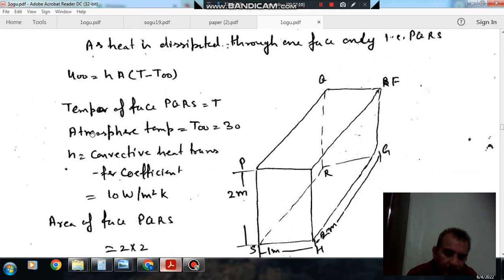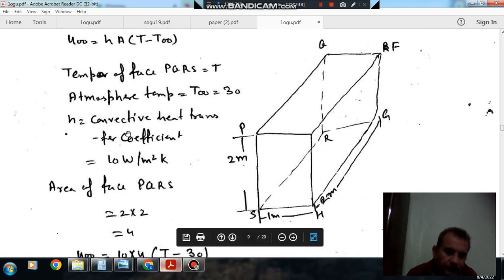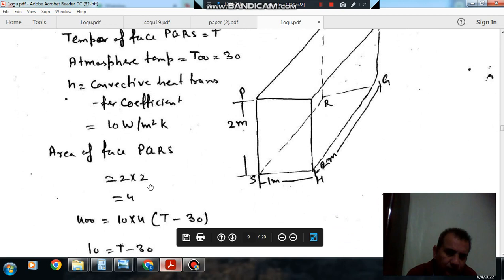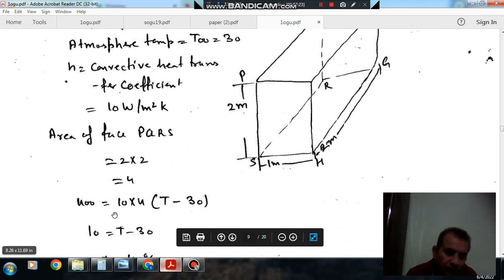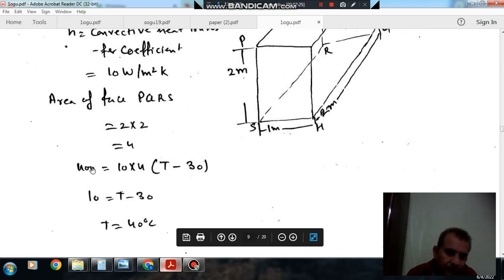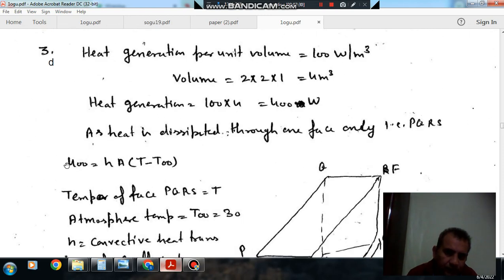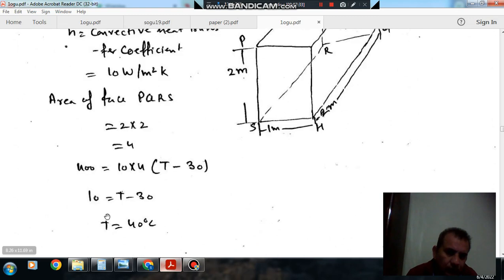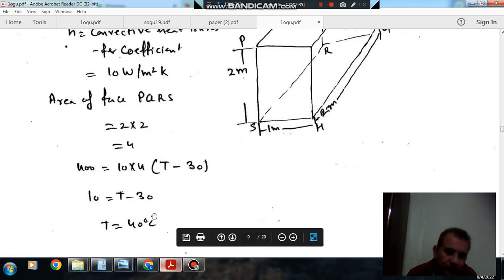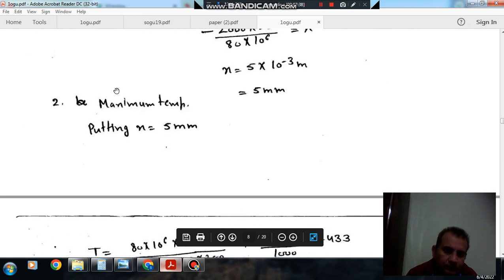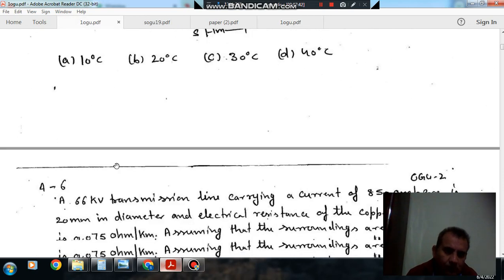Let T be the temperature of face PQRS and T infinity is 30 degrees. H is given as 10 watt per meter square per degree Kelvin, and the area of the face is 2 into 2, that is 4. Putting these values, this equals 400, because heat generation is 400. So we get T as 40 degrees Celsius. The answer is option D.